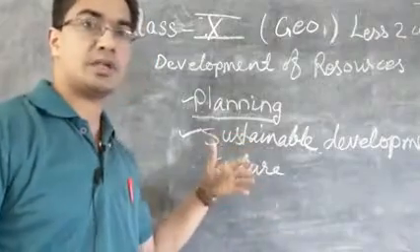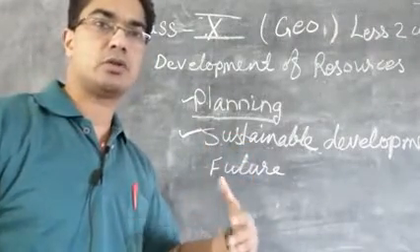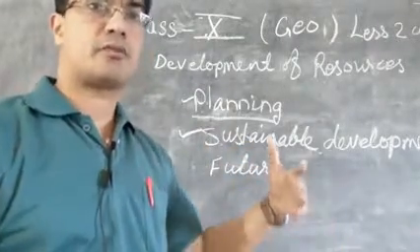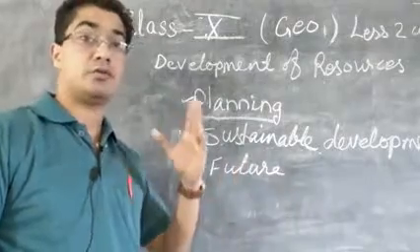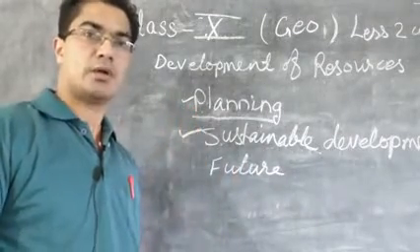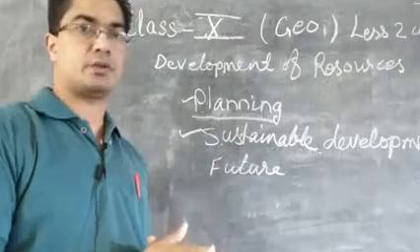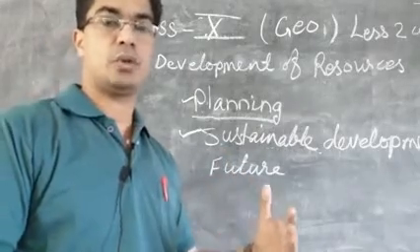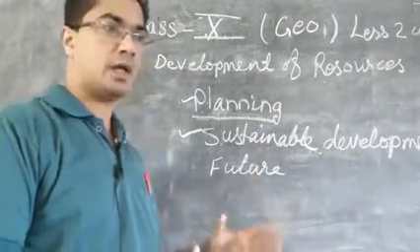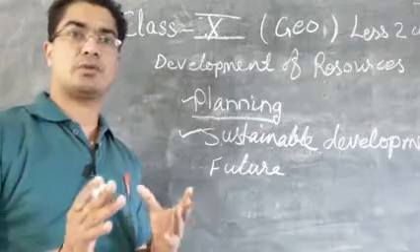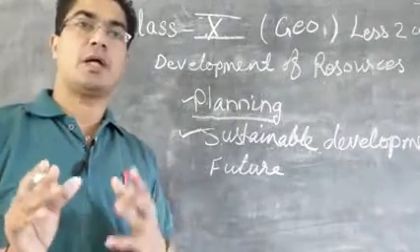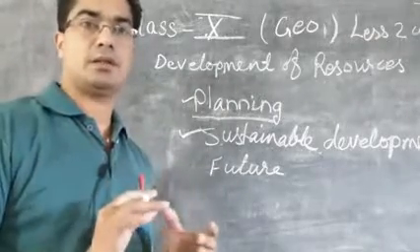So use only what is required for today. Should not extract excess, then the future generation will suffer. And also in the world, there are some areas where there are no resources at all. They are suffering, they are poor, they are starving. While in some other places there is plenty of resources, and there the people are rich and they have everything that they need.